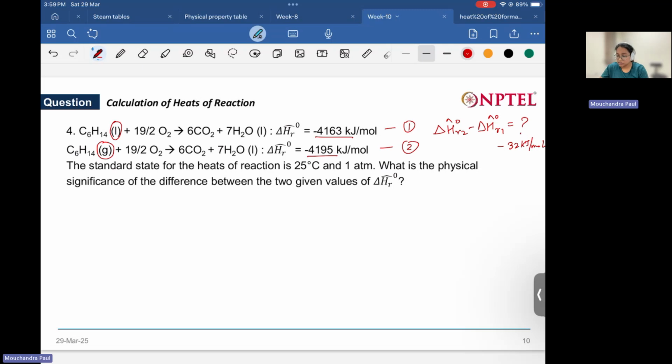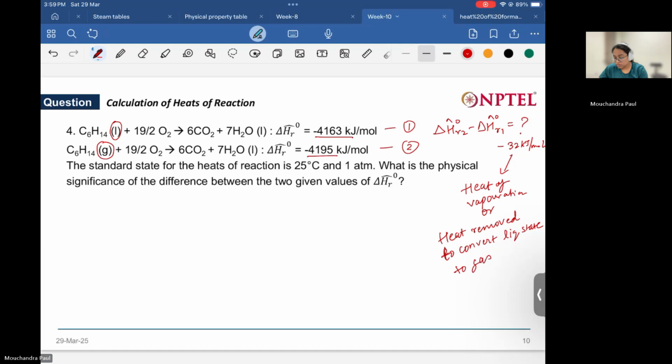It means this is the heat of vaporization, or heat removed to convert liquid state to gaseous state. Okay, that is what it means.